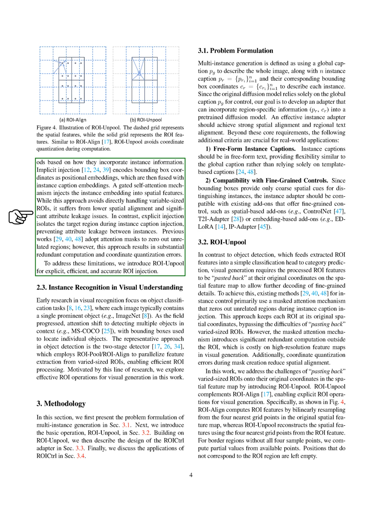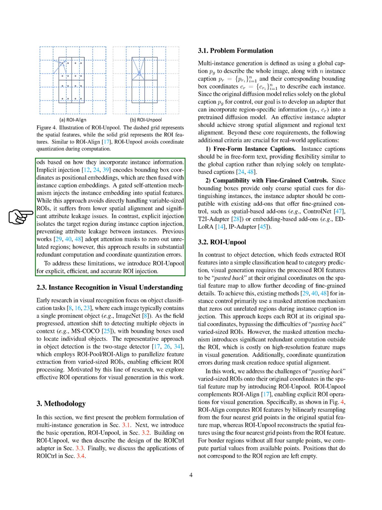On the other hand, explicit injection focuses on the target area during instance caption injection, reducing attribute leakage. Previous methods have used attention masks to eliminate unrelated regions, but this leads to excessive computation and errors in coordinate quantization. To overcome these issues, we propose ROICtrl for efficient and precise ROI injection.